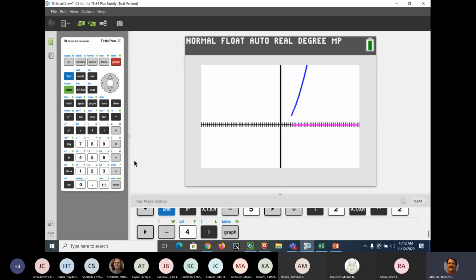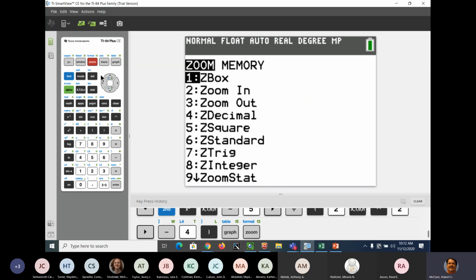And we're going to have to do something else. So let's do zoom back. I don't think you're going to be able to do both of them.